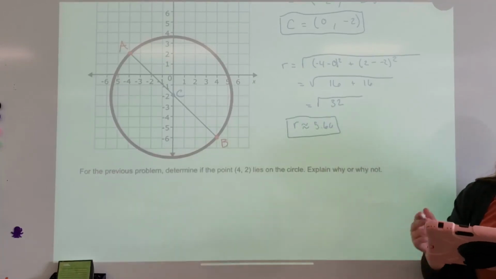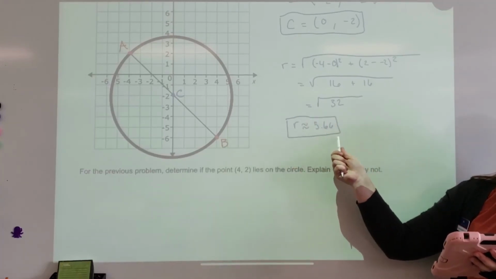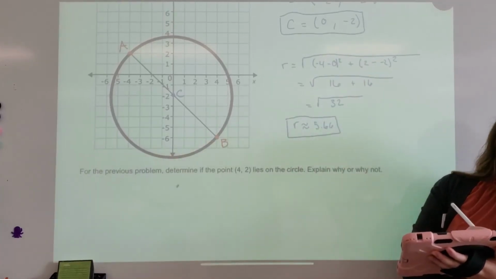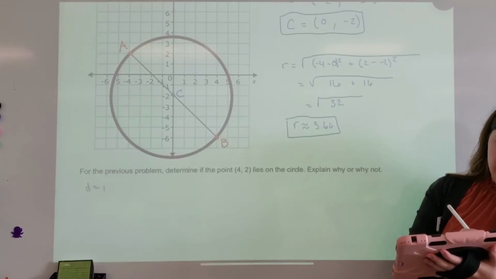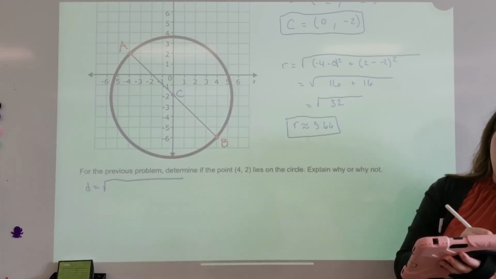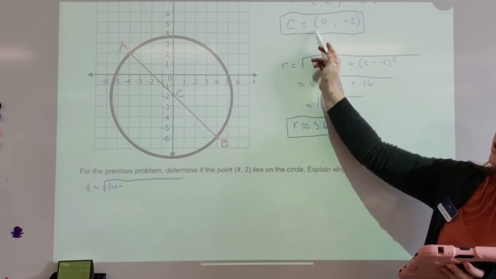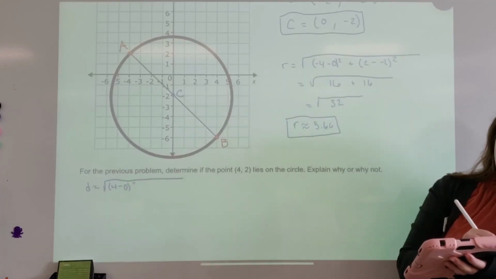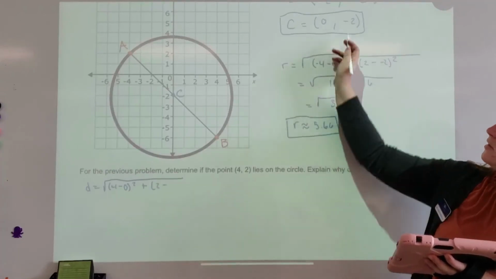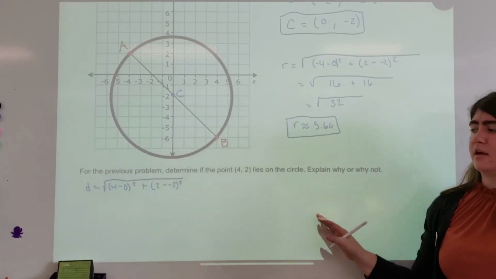So I have the radius that I'm looking for, and this should be the answer again, but I'm using my center point and this point this time. D is equal to the square root of x1, which is 4, minus x2, which is 0, squared, plus 2 minus negative 2 squared. Well, wait a second.